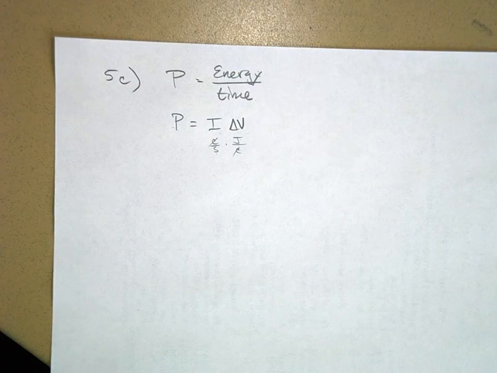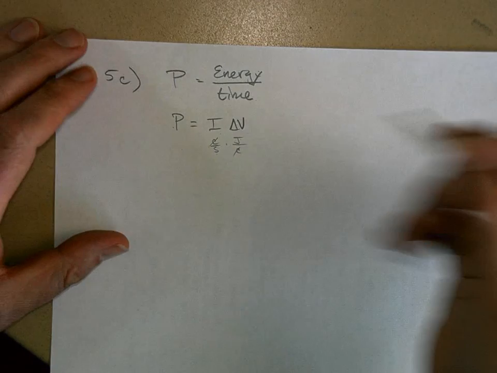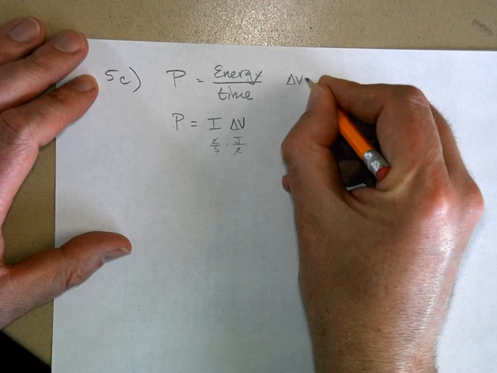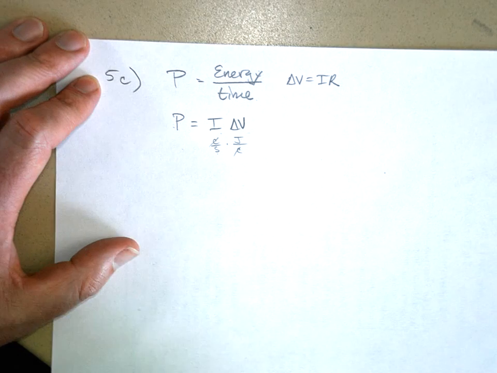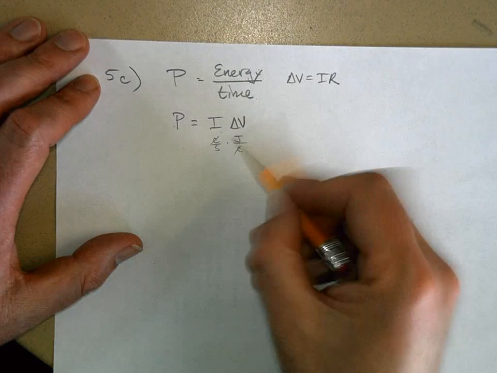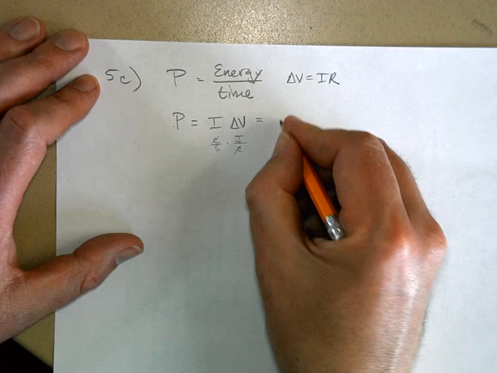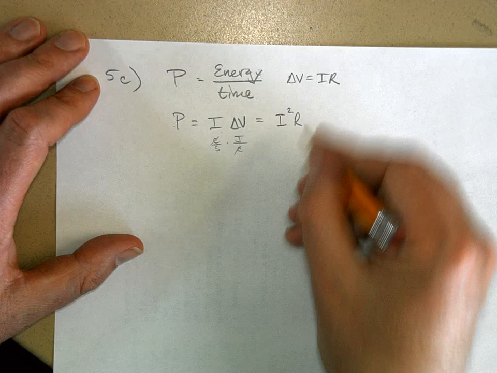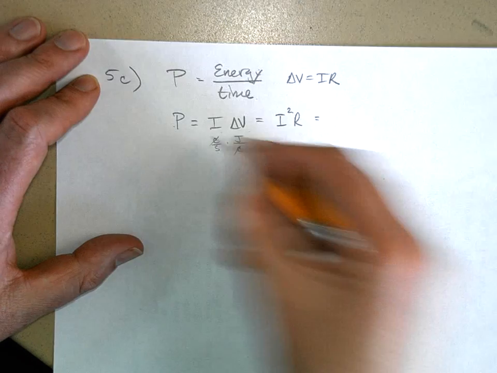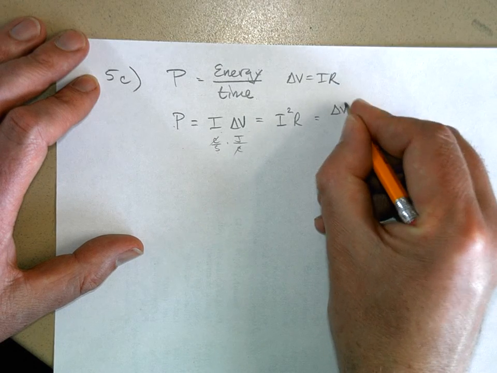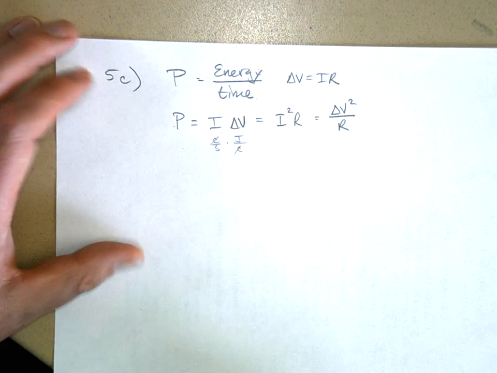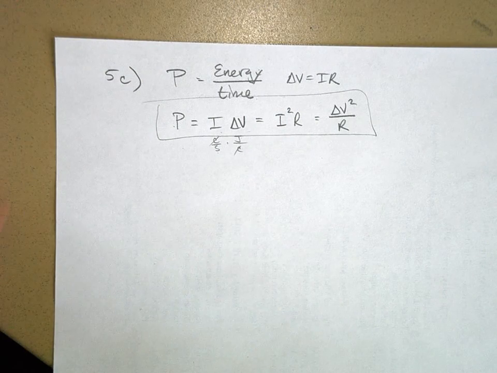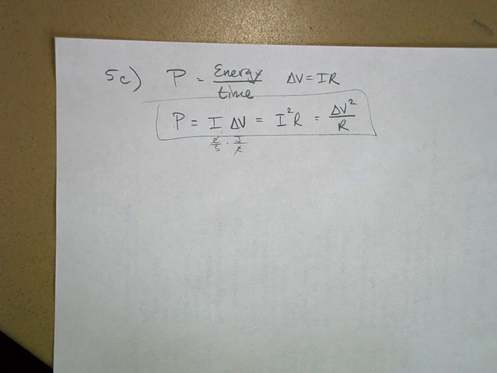That's a watt. Now, if you combine this with Ohm's law, remember that delta V equals IR, you make a couple substitutions, you'll get this is equal to I squared R if I substitute for delta V. Or if I solve for I and substitute for I, I get delta V squared over R. So these are the equations for power in a DC circuit, direct current circuit.